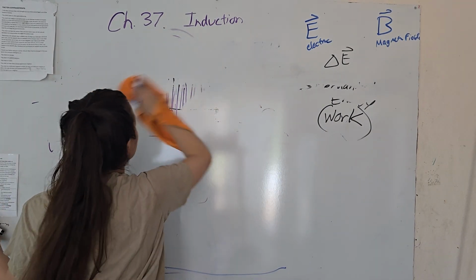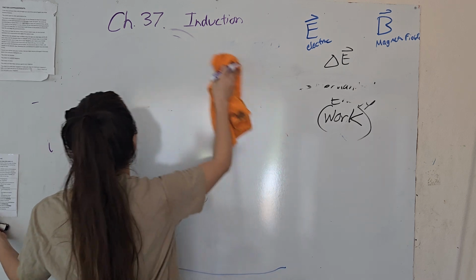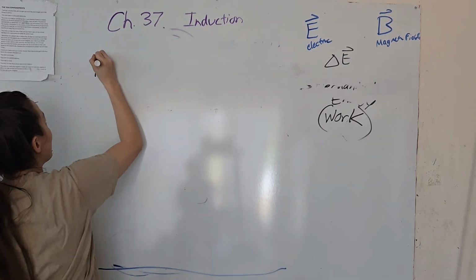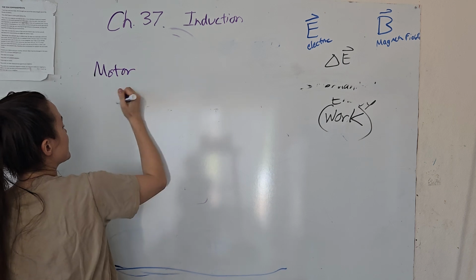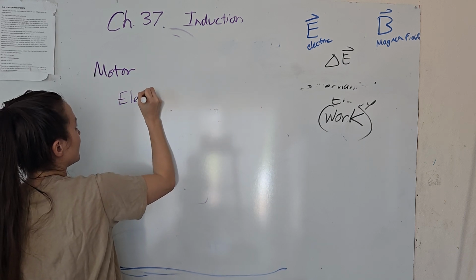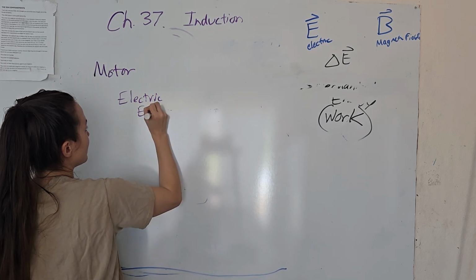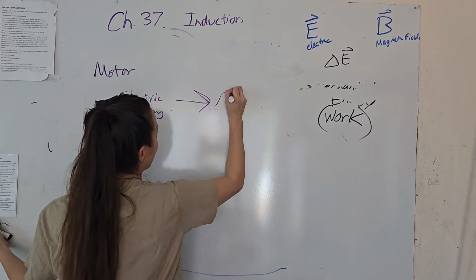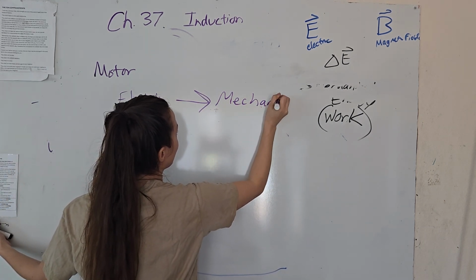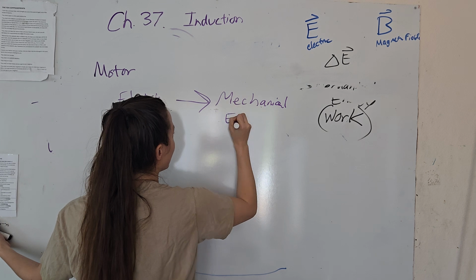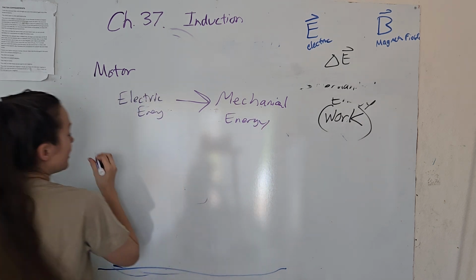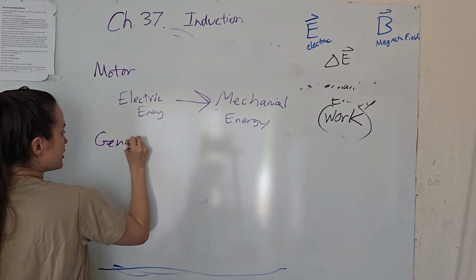So you'll see that in that way, a motor and a generator are opposites of each other, okay? Because a motor is all about turning electricity into mechanical work. A motor turns electric energy into mechanical energy, okay? And a generator is all about the opposite.